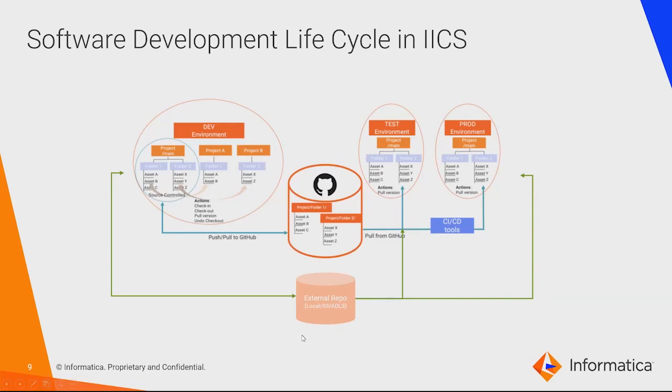How we're going to do this is, we can use multiple options here. One is that you can manually export and then put it into the repo, and from the repo again use import, take it and import into the higher environment. That's a completely manual process. The second option we have is the asset management CLI. I think you are already familiar with that.